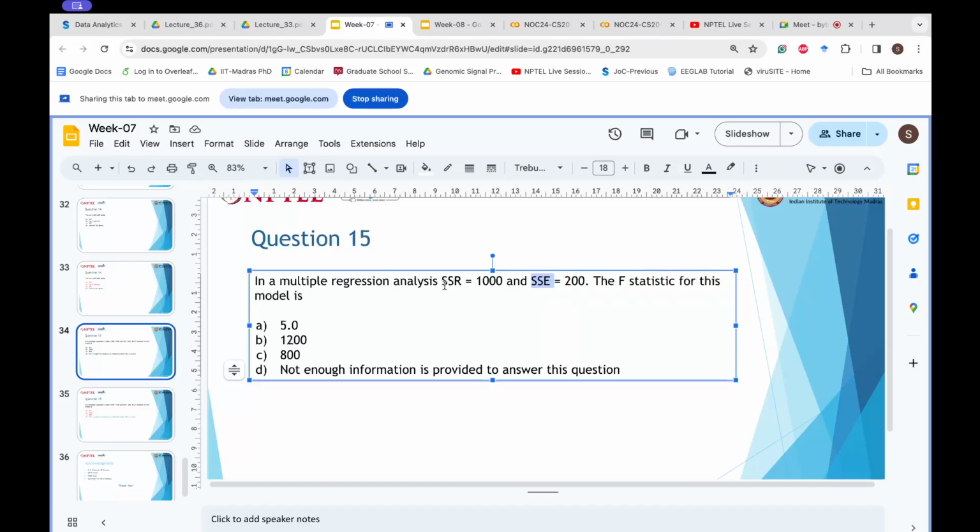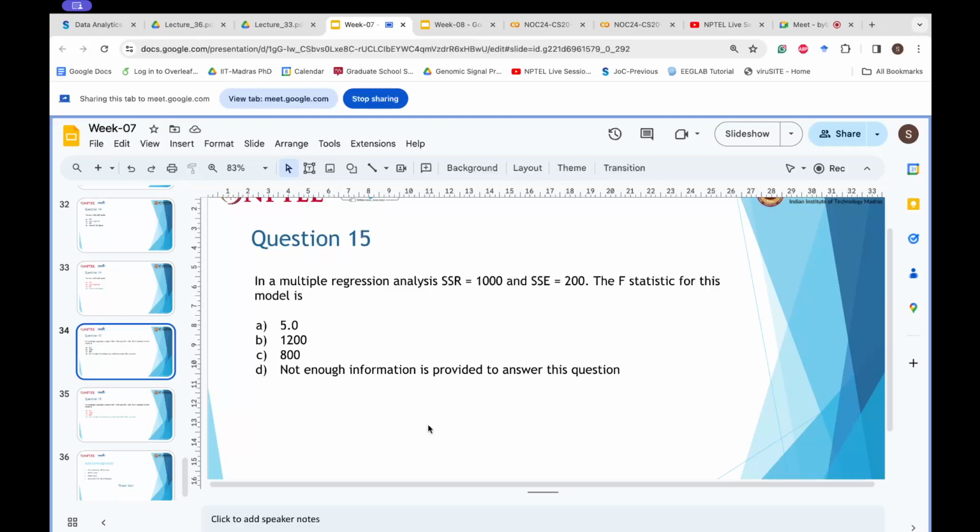So SSR and SSC values are given to you, but the corresponding degrees of freedom are not given. So in that case, the correct answer will be not enough information is provided to answer this. Okay.